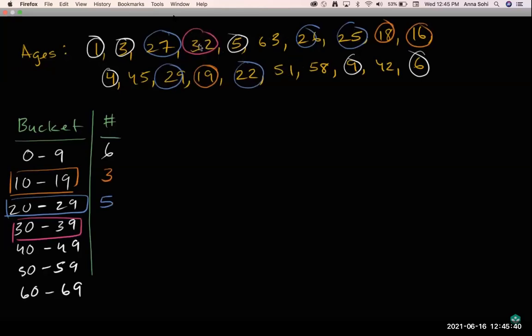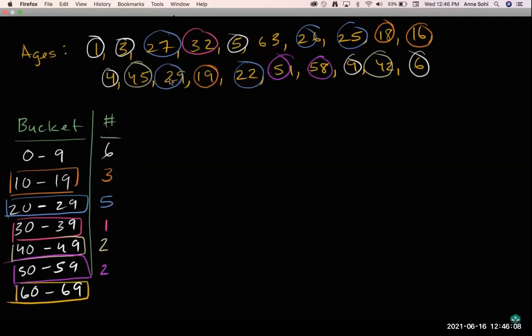Only one person in that 30 to 39 bin. What about 40 to 49? We have 1, 2 people. And then 50 to 59, you have 1, 2 people. And then finally, ages 60 to 69, there is 1 person right over there.